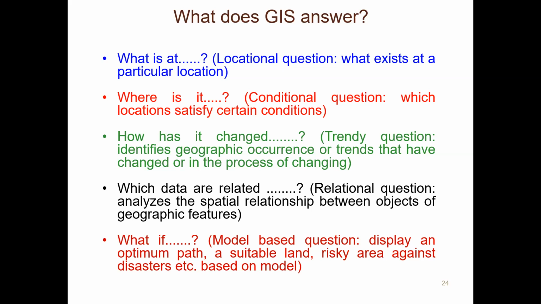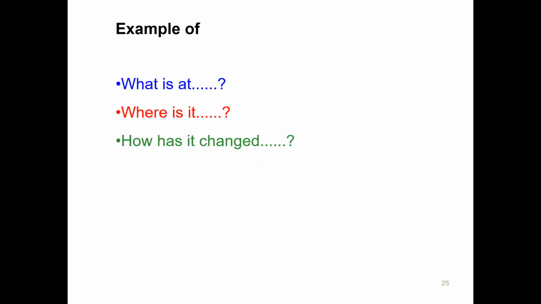Model-based question, which are often answered through scenarios. So we develop a model and simulate the model and generate a scenario. And it will help us to answer questions, for example, what if? Now I'm going to show you a very small example of an experiment which answers what, where, and how.